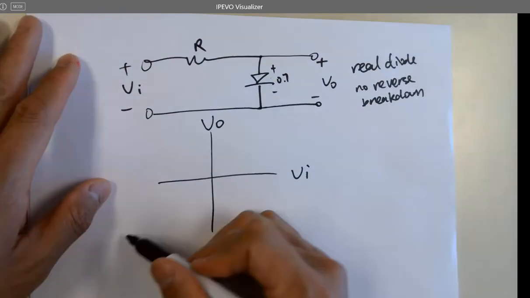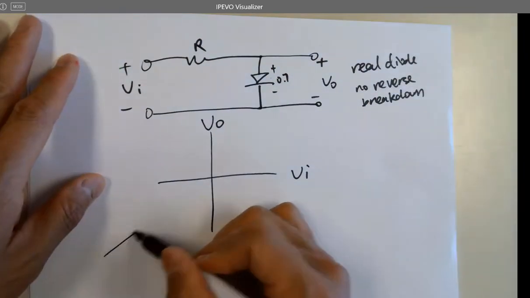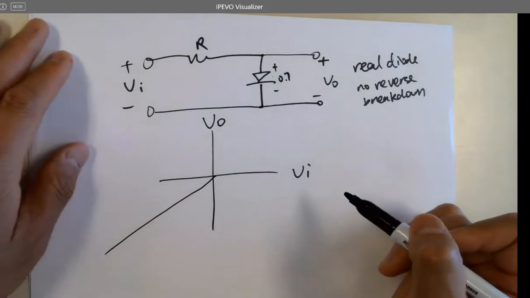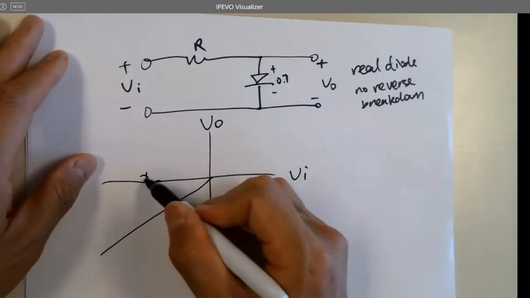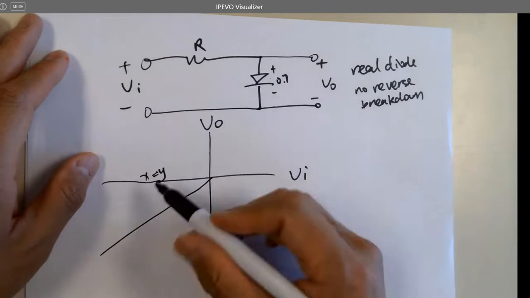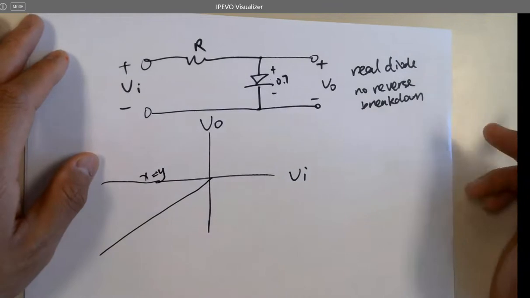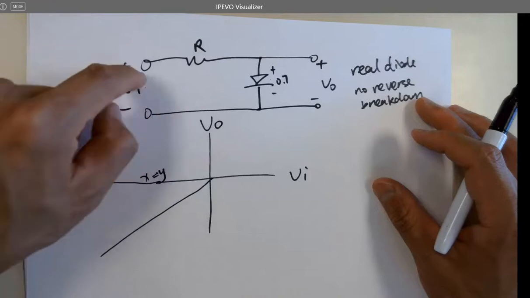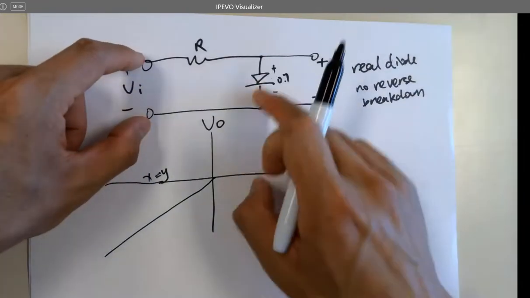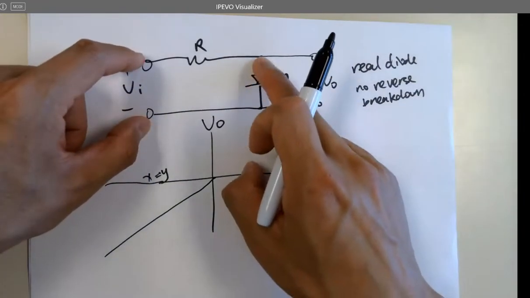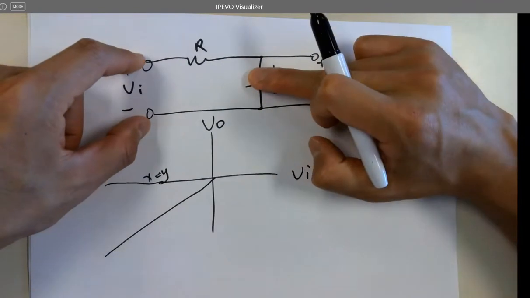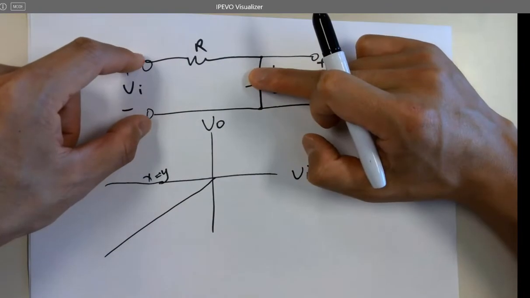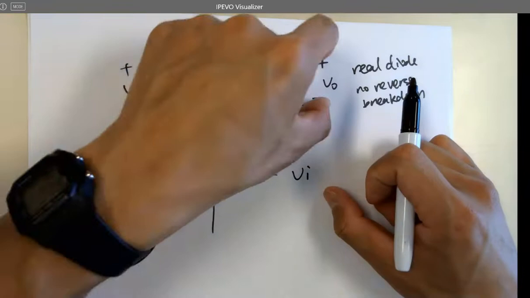So no reverse breakdown, which means when VI is pretty negative, it's not doing anything, right? It's linear. X equals Y. If this node is higher than this node, this one will block any current flowing that way, so you can just remove it. Okay, so the voltage here equals the voltage here.